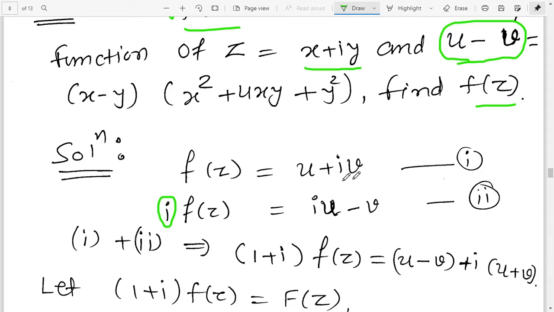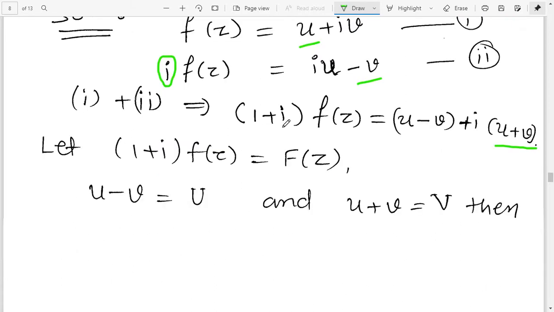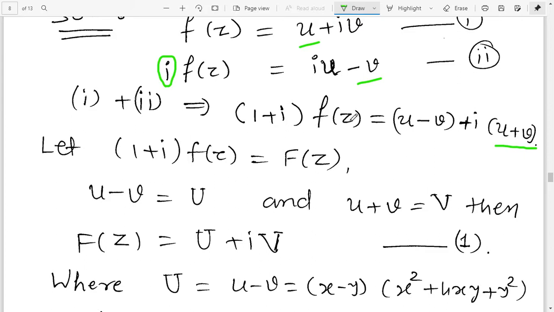Adding both the equations, (1 + i) f(z) = (u − v) + i(u + v).